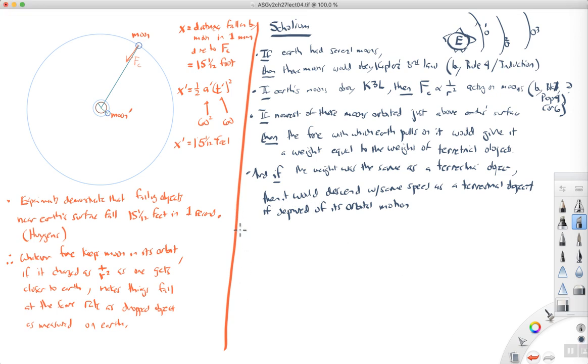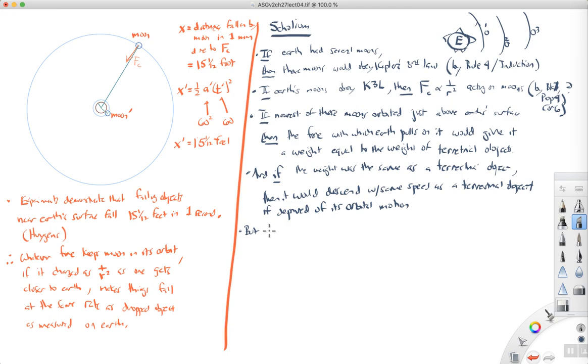And now he goes on to say, but if the force which causes this little moon, this moon number 1, to fall were different, or from some different source than the force that causes terrestrial or ordinary bodies to fall, then you would also have the force which causes ordinary terrestrial bodies to fall. That would be sort of supplementing this other force, and would fall twice as fast, which it does not.